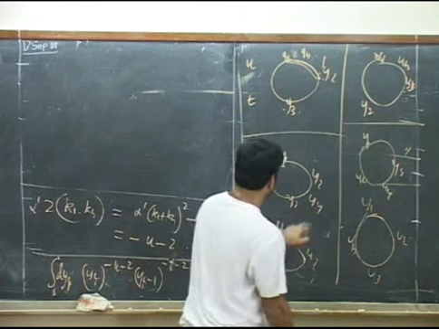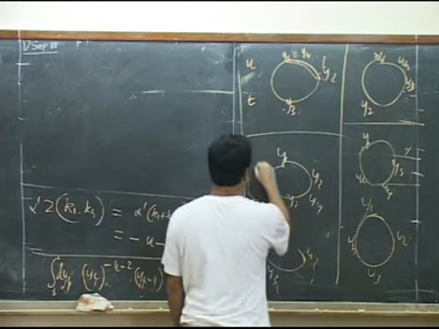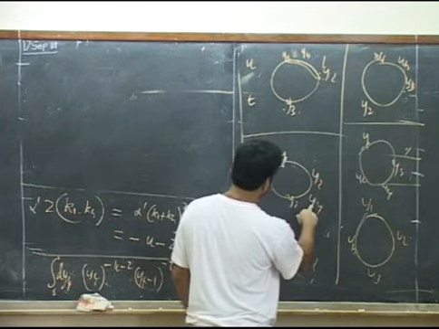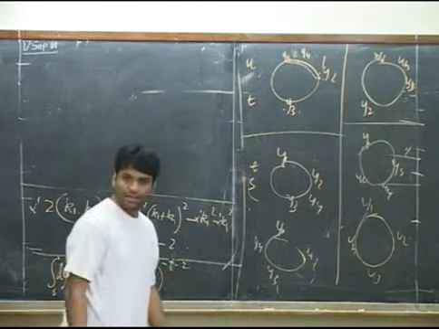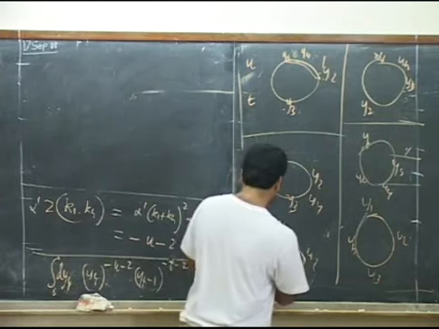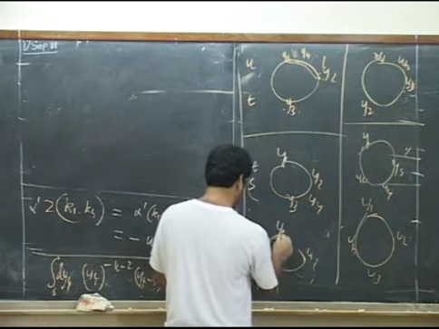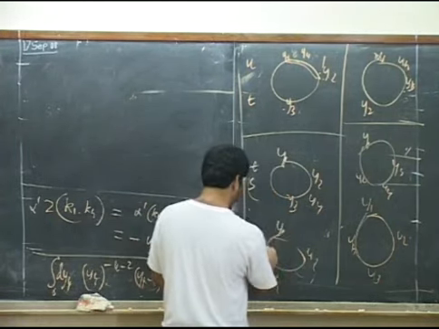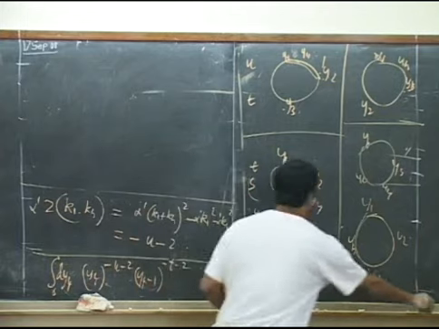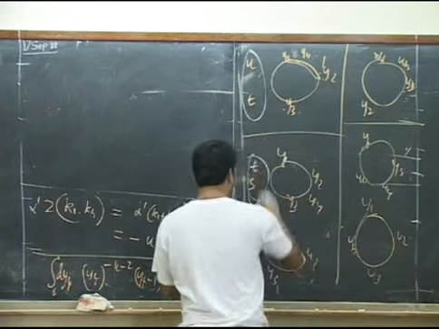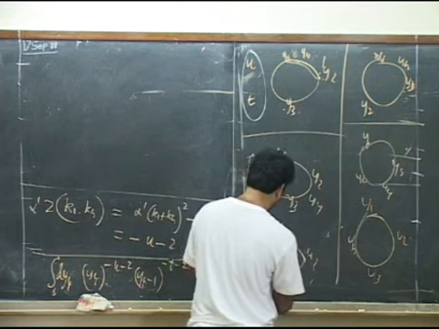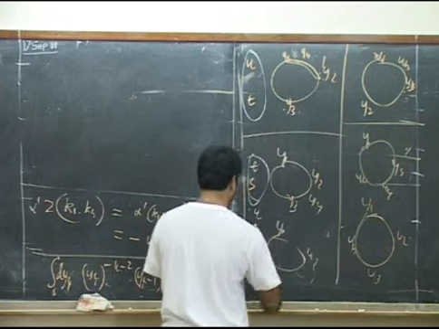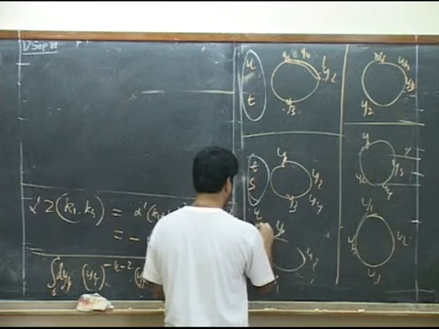This guy will give us 2 and 4, which is the same as 1 and 3, that's T, plus 2 and 4 and 3, which is the same as 1 and 2, that's S. This guy will give us 4 and 1, so that's U, and 4 and 3, that's S, because that's 1 and 2.